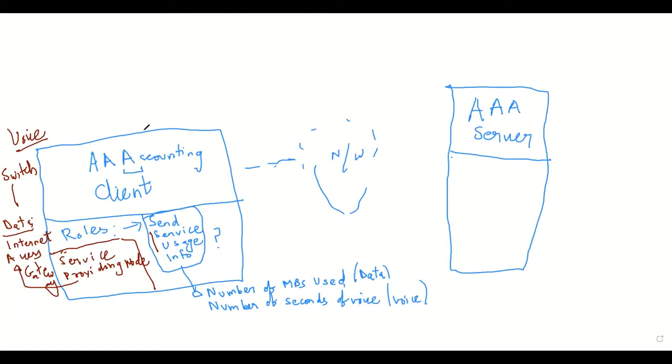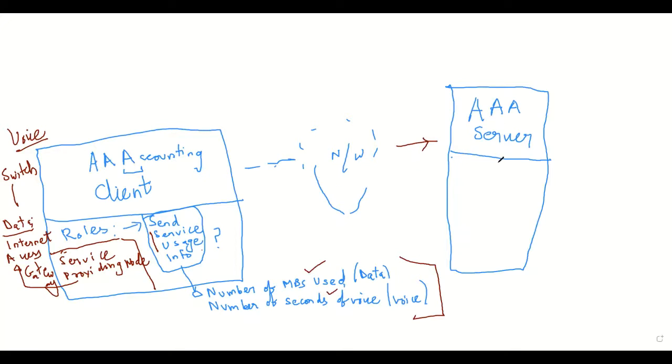But from the perspective of a AAA client, it's only service usage info, right? And this service usage info in terms of some statistics, like this for data, this for voice, need to be sent over to some other node, which is called a AAA server, right?